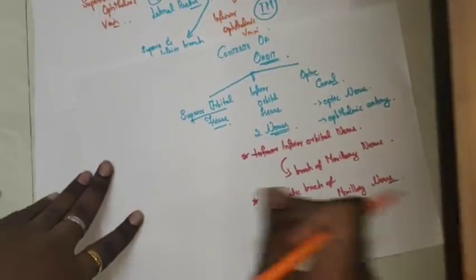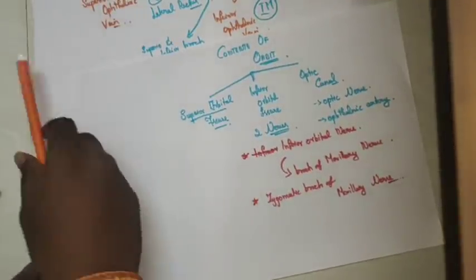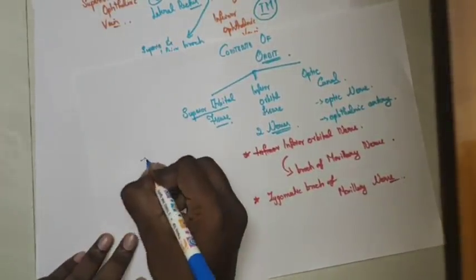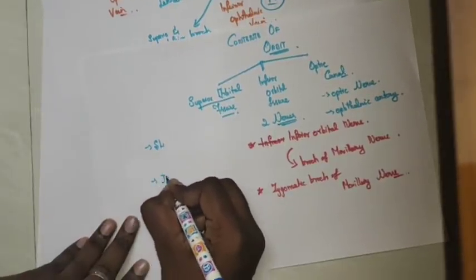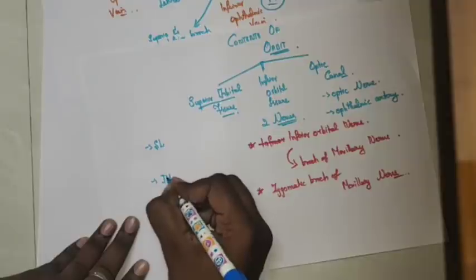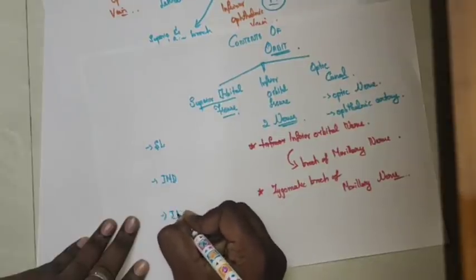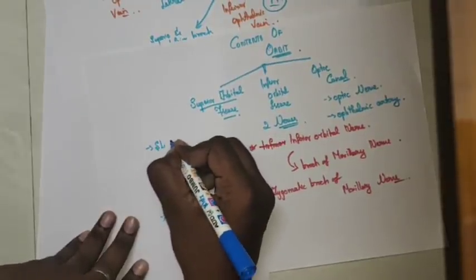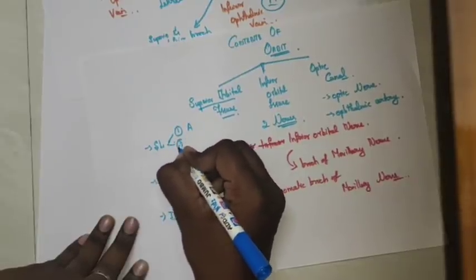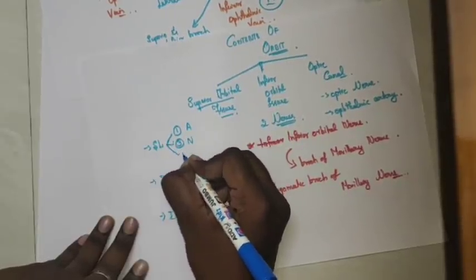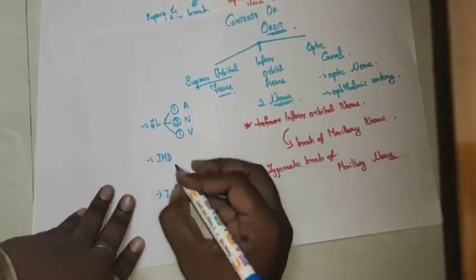So coming back to this, the superior orbital fissure contains three parts: superior lateral, intermediate and inferior medial. Superior lateral have one artery, three nerves and one vein.